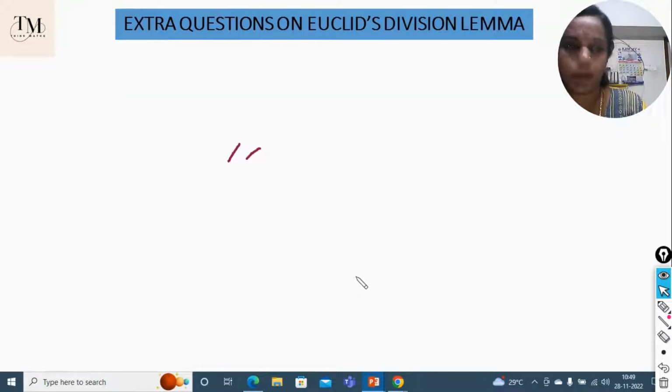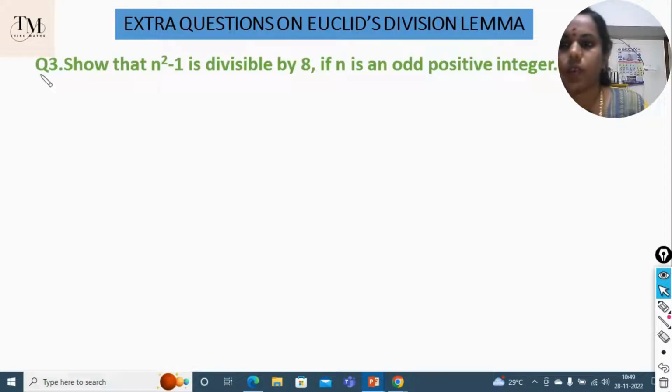So the next problem is question 3. Show that n square minus 1 is divisible by 8 if n is an odd positive integer. Here n is odd, and we have to show that n square minus 1 is divisible by 8.